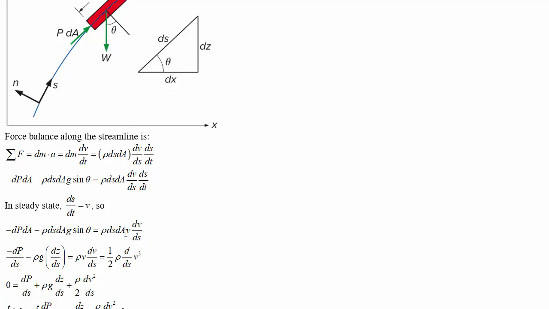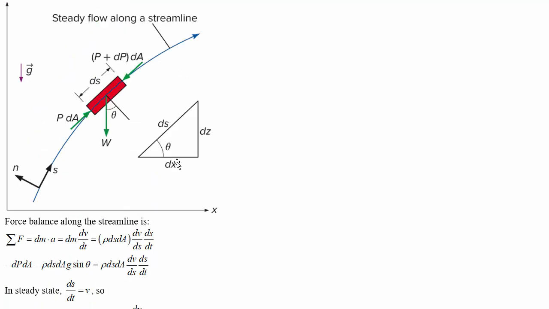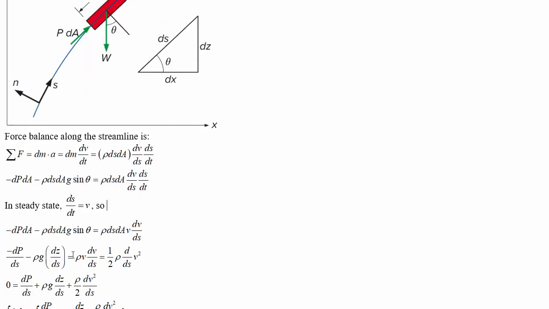We're also going to drop the dA because that's in every single term. So let's get rid of that. And on the left-hand side, what's going to happen is we will get the sine theta with some trig turned into dz by ds. Up in the triangle here, sine of theta is opposite over hypotenuse. So there we go, dz by ds.